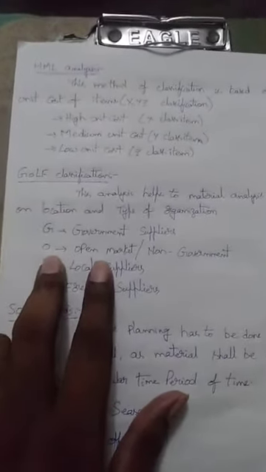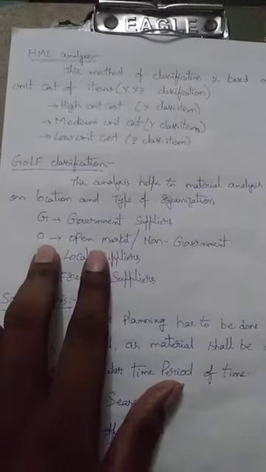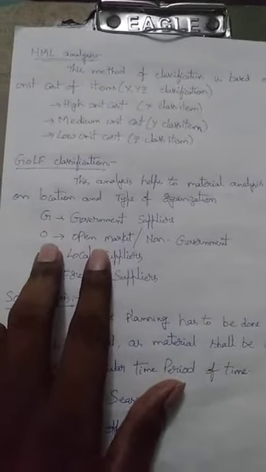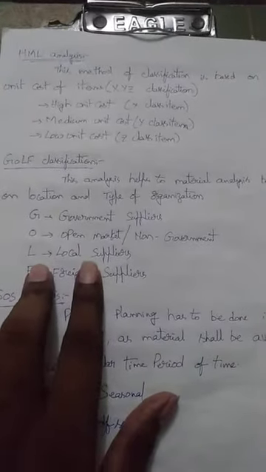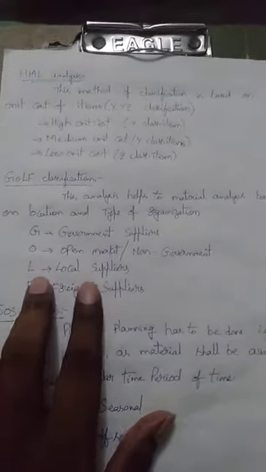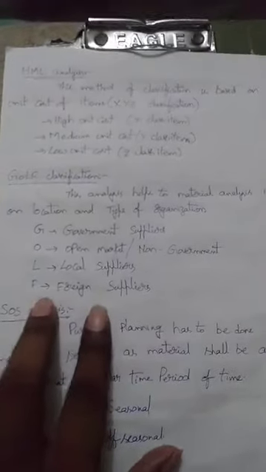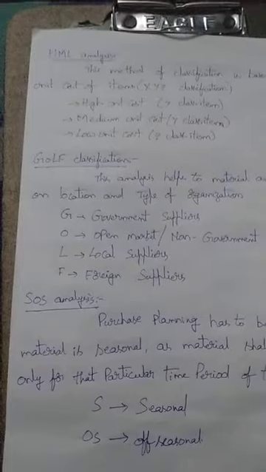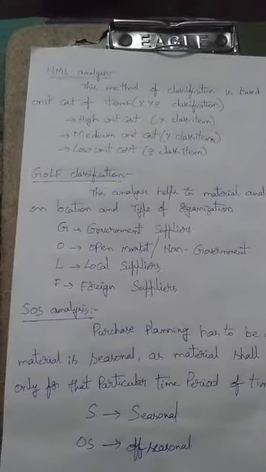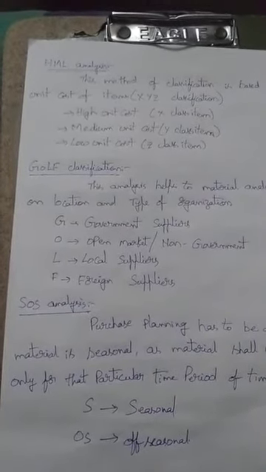Open market means these raw materials are easily available without any disturbances. L means local, where these raw materials are available everywhere. Foreign suppliers means this category of raw materials is not available nationally and has to be collected from foreign countries.